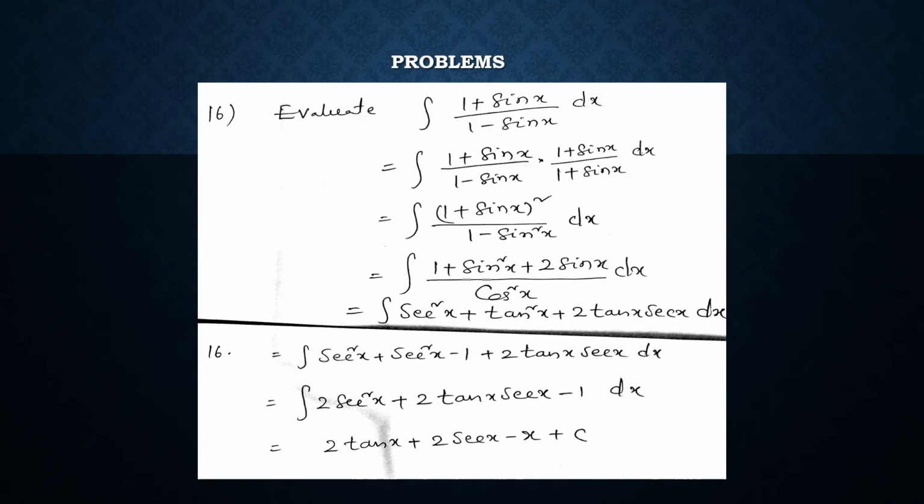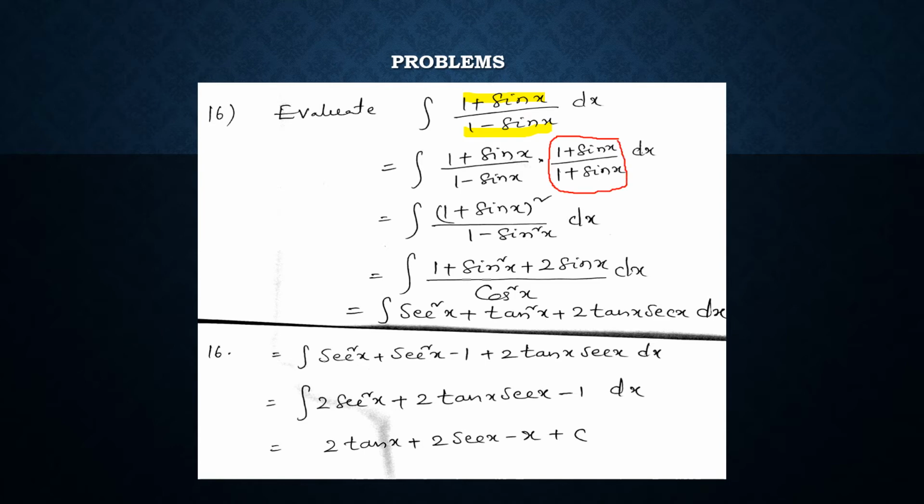So next problem. Evaluate the integral of 1 plus sin x by 1 minus sin x dx. To simplify this problem, here also we have to multiply and divide the function with 1 plus sin x.